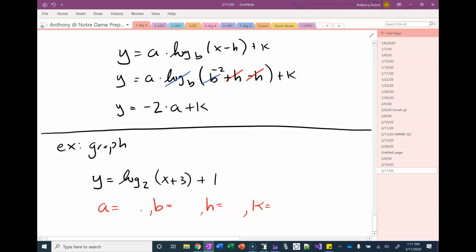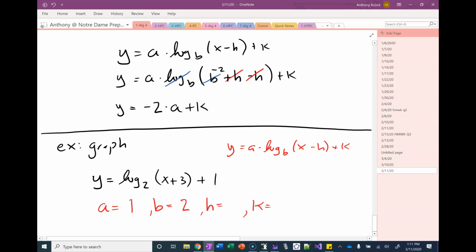So who can tell me what the value for a is here? 1. Good. Because remember, a is the coefficient on our logarithm. And since there's no coefficient there, we know that's 1. What's the value for b? 2.